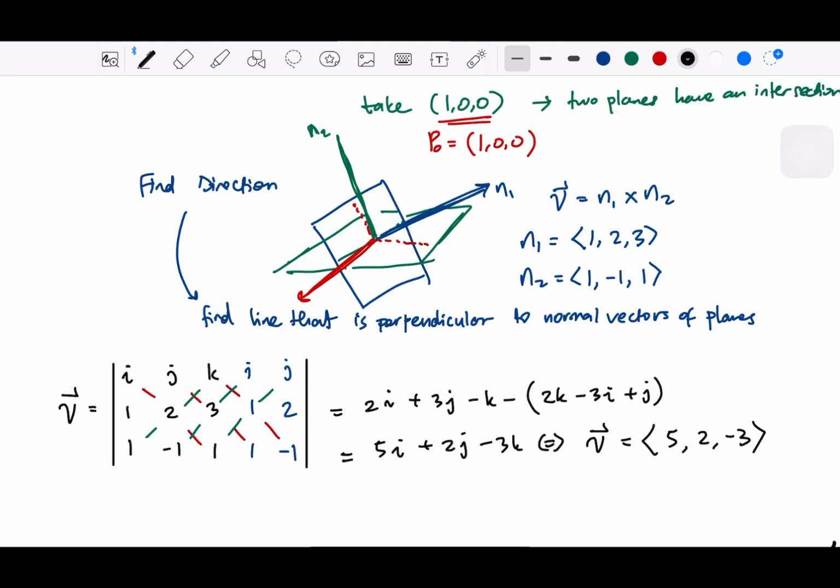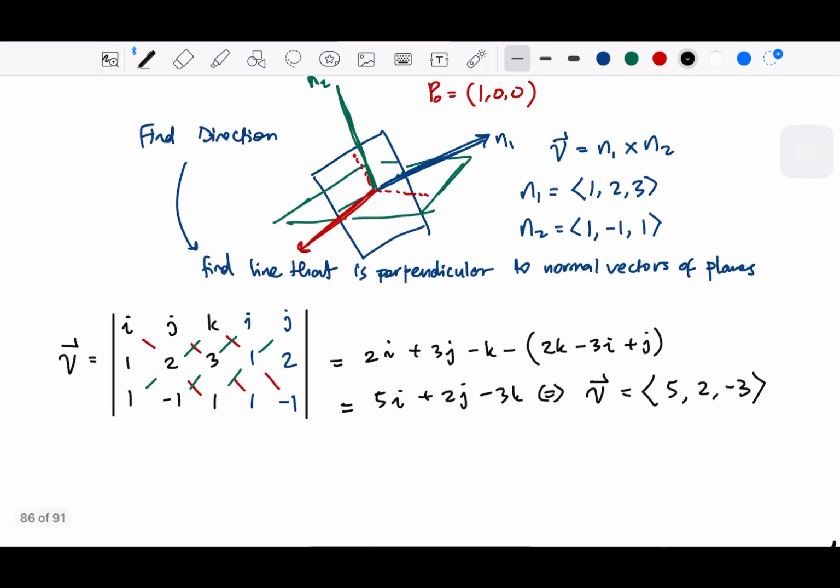Okay. So we get v, and we assume the initial point is 1, 0, 0, because at that point we get the first intersection. So the parametric equations are the initial point plus the direction v.